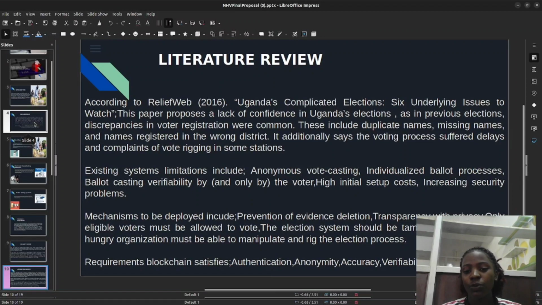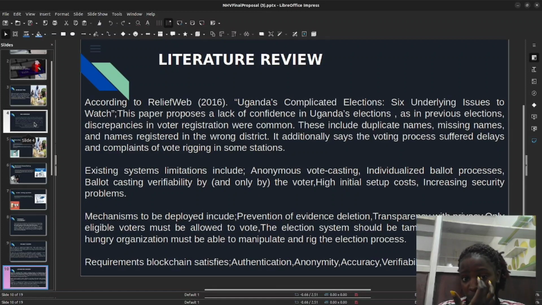These include, for example, discrepancies in the voter registration, which included duplication of names. Some people found their names missing, and names were registered in wrong districts. It additionally says the voting process suffered delays and complaints of vote rigging in some stations.